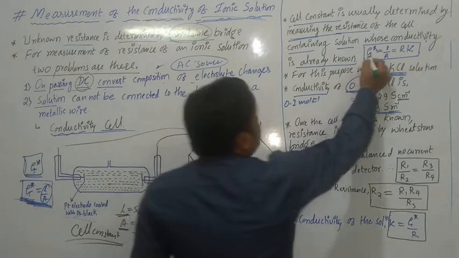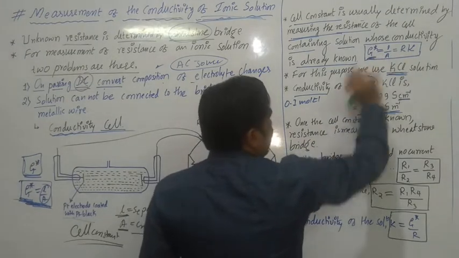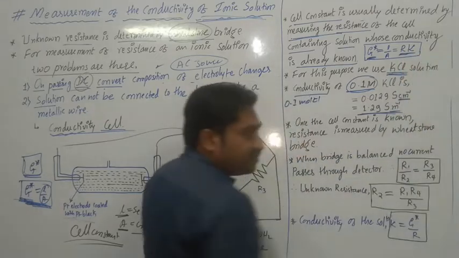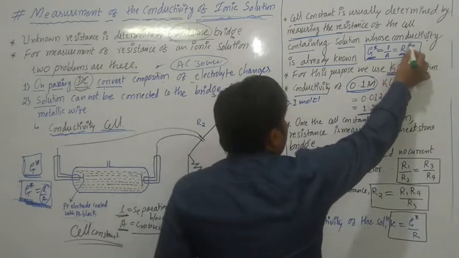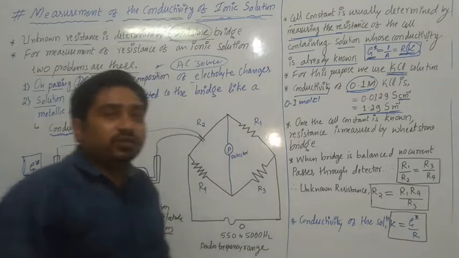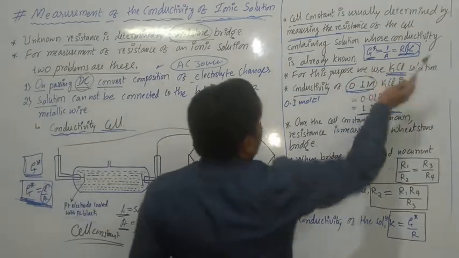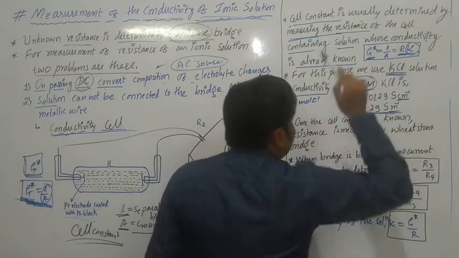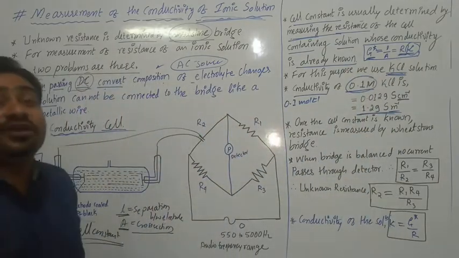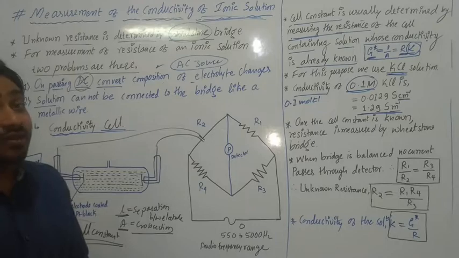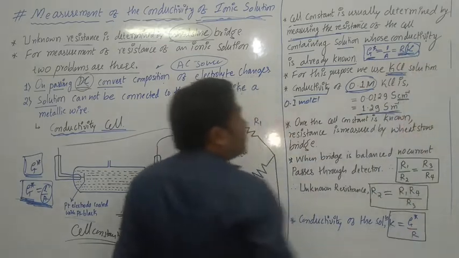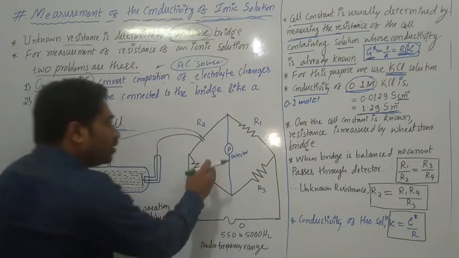The cell constant is equal to L by A, and it is also calculated as R into kappa. Kappa is already known. To measure the cell constant, I need the kappa value, and I should calculate the value of R, the resistance. The resistance can be calculated by using a Wheatstone bridge.